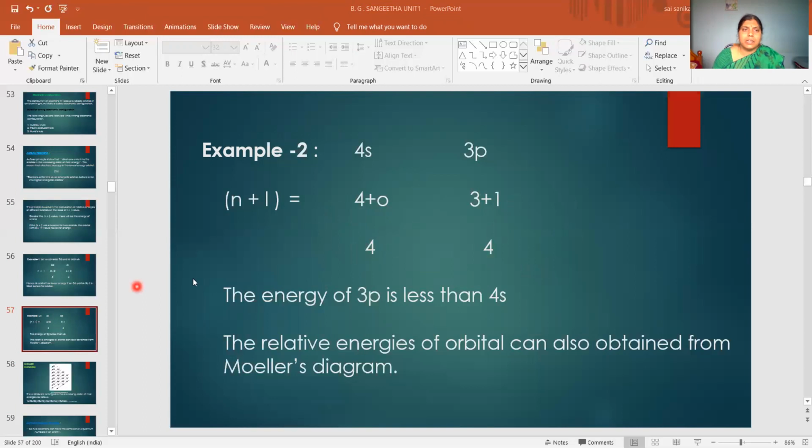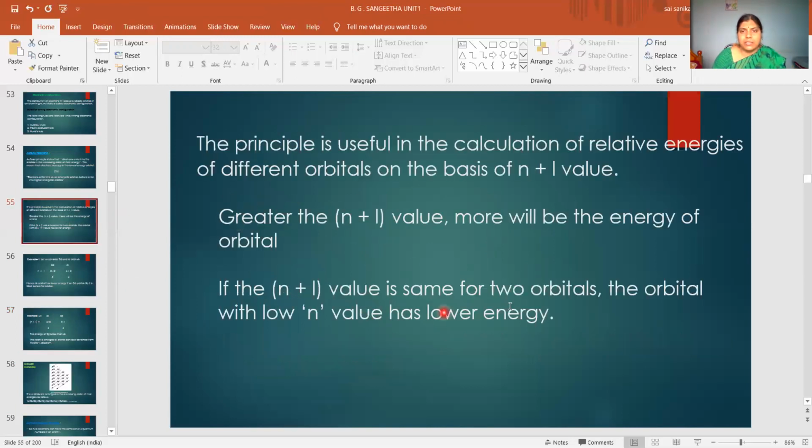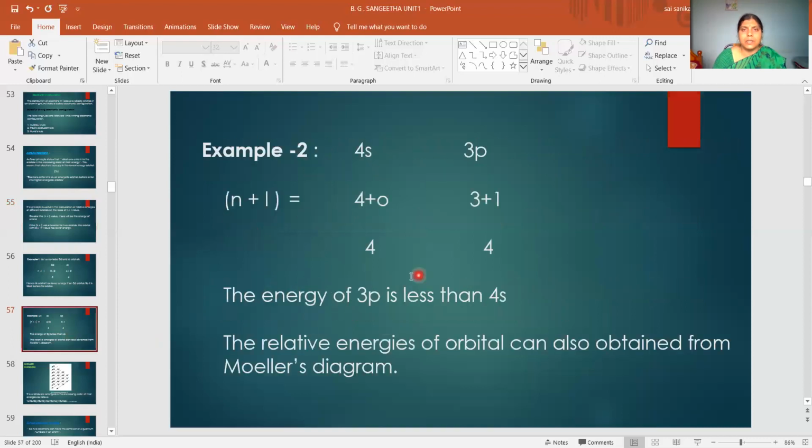So what we said here? If n plus L value is same for two orbitals, then you have to consider just the n value.